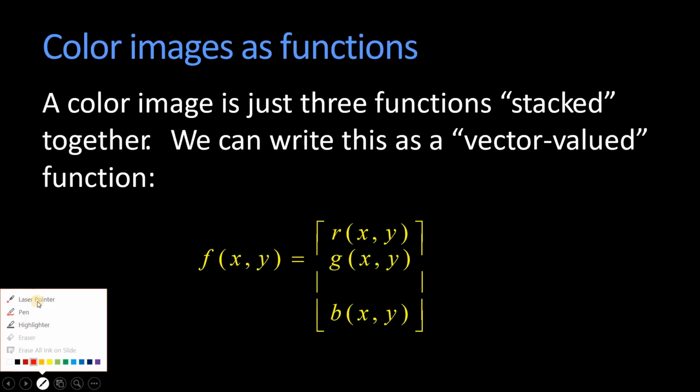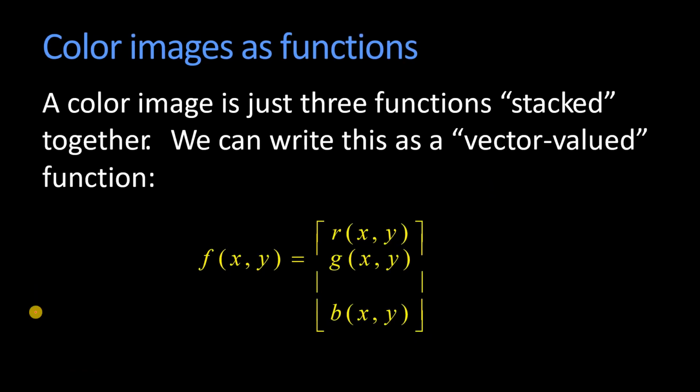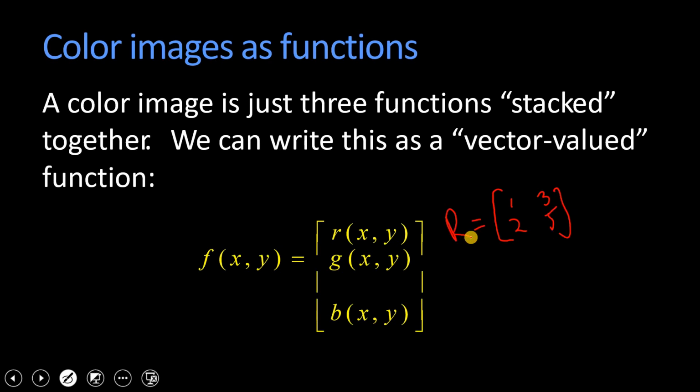So here I will draw it, color images. So if there is a color image, it is like this. Let's say this is one color and second color is like this, 4 values, and then there is third color B. So 4 values for everyone.